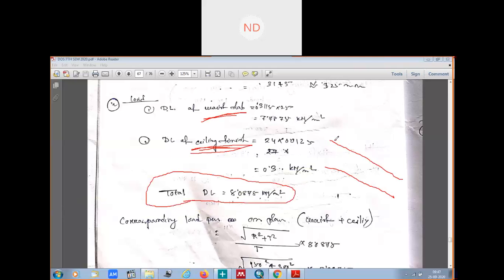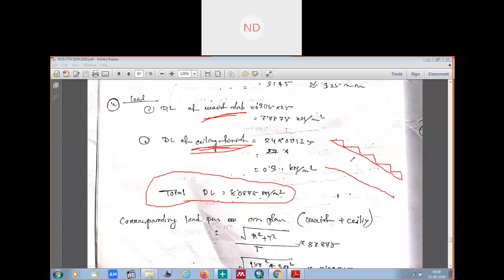We have here our tread, riser, tread, riser, tread, riser, tread, riser, tread, riser. Okay, so the live load is falling here on the tread. We know the load on the stairs consists of what? The dead weight of this waist slab here and the dead weight of these steps.